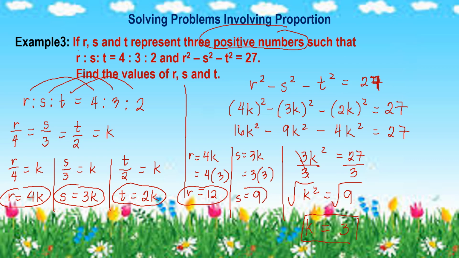Therefore, S is equal to 9. And then T is equal to 2K. 2 times 3 is equal to 6. Therefore, the value of T is 6. So for our final answer, R is equal to 12, S is equal to 9, and T is equal to 6.